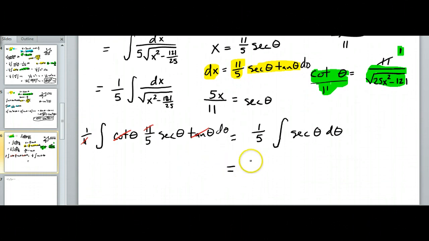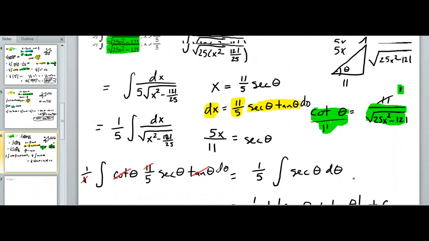Alright, now I've got a 1/5 out front, and then the integral of the secant is the natural log of the secant plus the tangent. Okay, so the derivative of the secant is secant times the tangent, but the integral of the secant is the log of the secant plus the tangent.